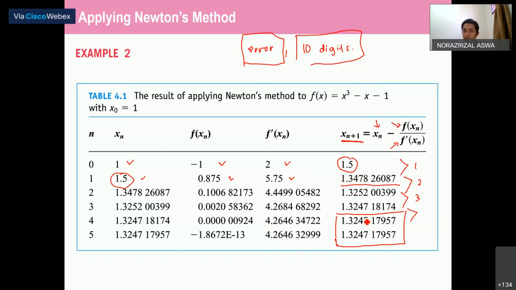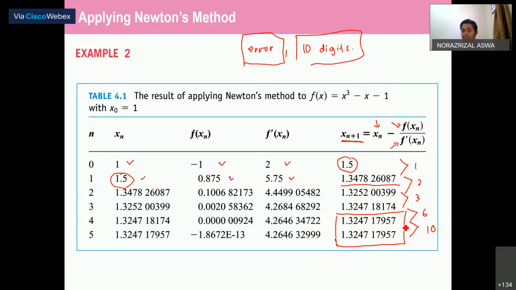From another iteration, we have 1.324718 and 1.324717, and you see that 1, 3, 2, 4, 7, 1 digits are in agreement. Then you perform again. We have 1.32471795 7, and it's the same here, so we have 10 digits in agreement. But bear in mind that we write until 10 digits here, but in real life it can be more.